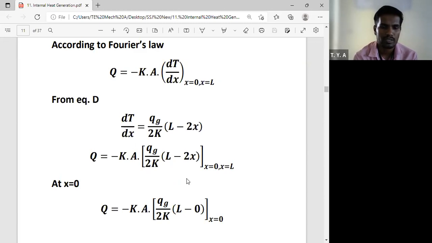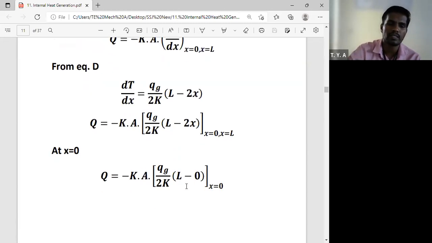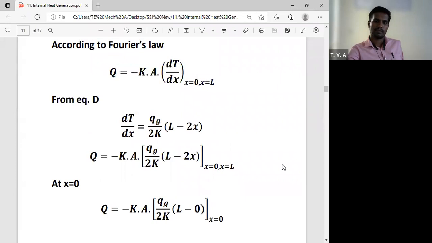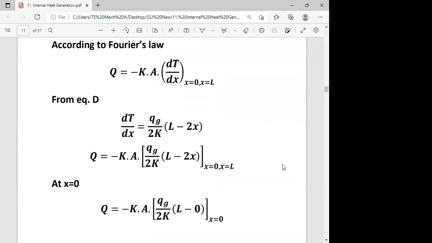Therefore we get the equation as Q is equal to minus k into A into qg by 2k into L. When x is equal to 0, we got that equation. इथेपर्यंत झाले सगळ्यांचं. At x is equal to 0, that equation is over.